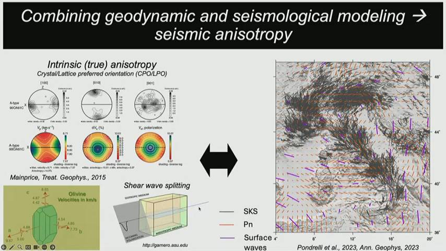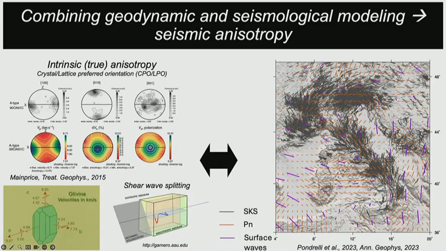So we know that seismic anisotropy is widespread, at least in the lithosphere and upper mantle. Here, for example, we can see a compilation of seismic anisotropy observations in the central Mediterranean. We can see with the black bars the splitting of core-refracted SKS waves, and then with the orange bars the fast azimuth of Pn waves.